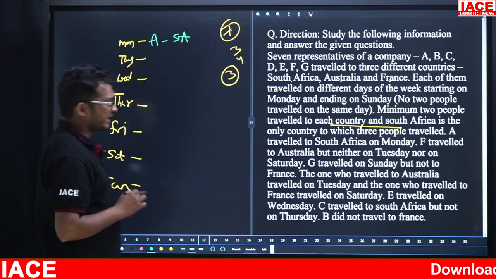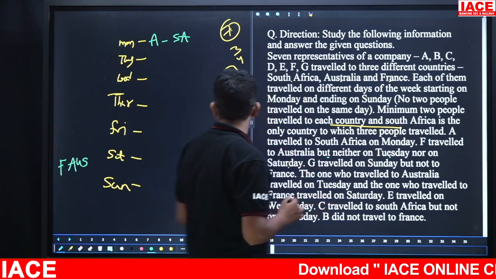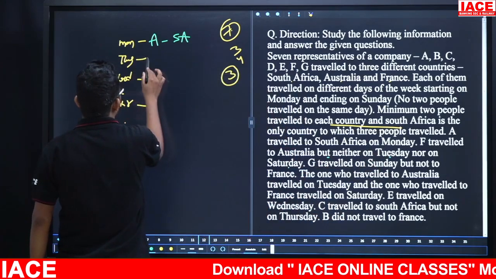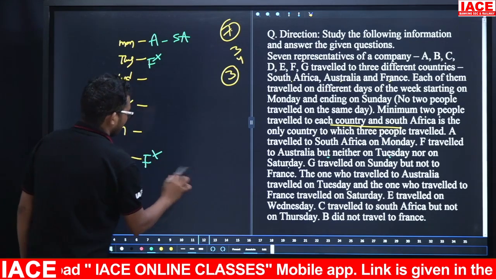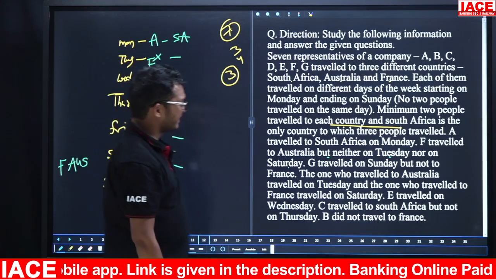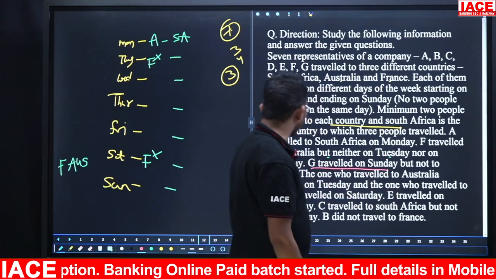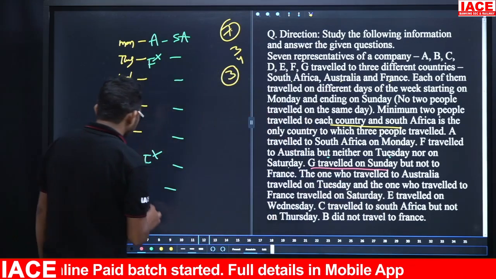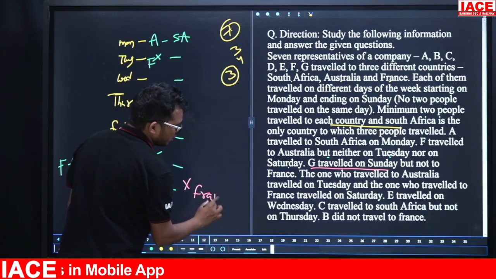But neither on Tuesday nor on Saturday. So for F, Tuesday no chance, Saturday also no chance. Next one: G travelled on Sunday but not to France. So for G, France no chance.